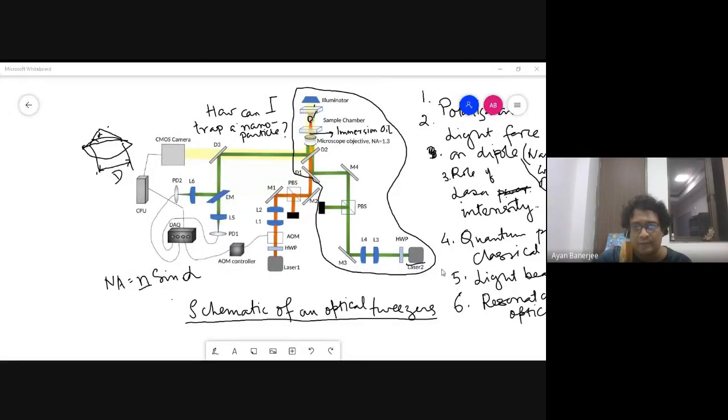The course contents are essentially going to revolve around this apparatus, trapping a very small sized particle in air. Even the fluid medium is very crucial, but I'm saying that it's in air.